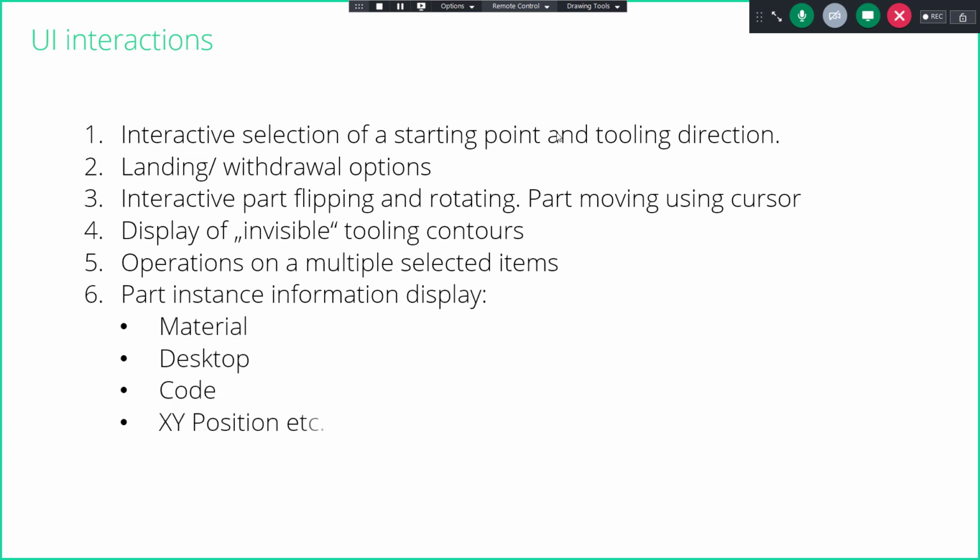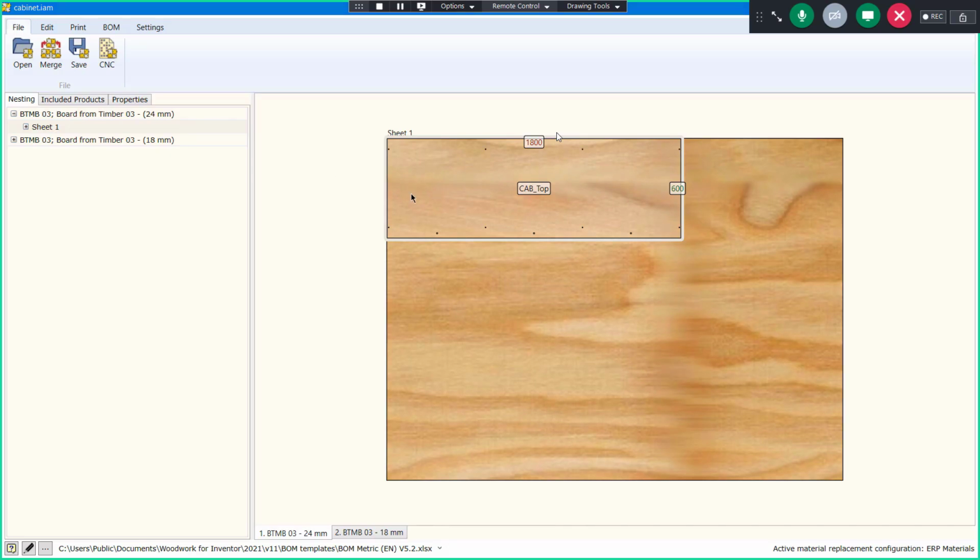On the side browser we see information about the material, the desktop configuration, the part code, position, etc. When you select something in the browser, it is selected on the nesting layout and vice versa. Now let's see how it happens.